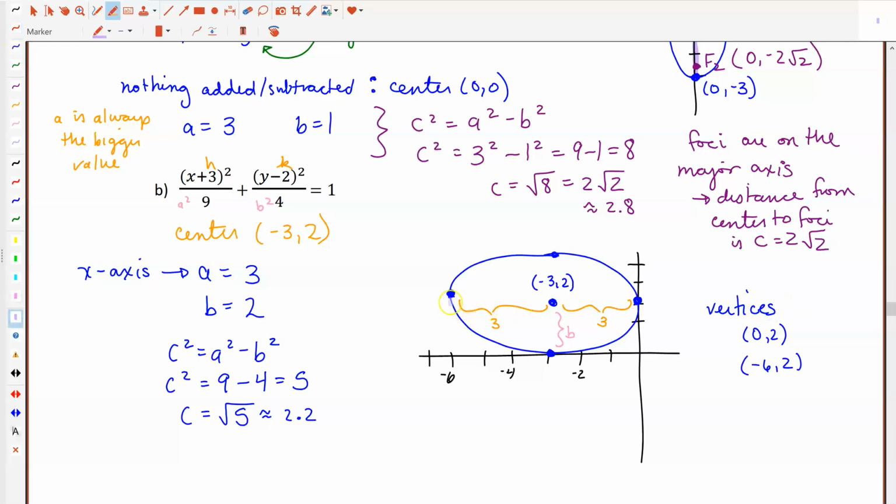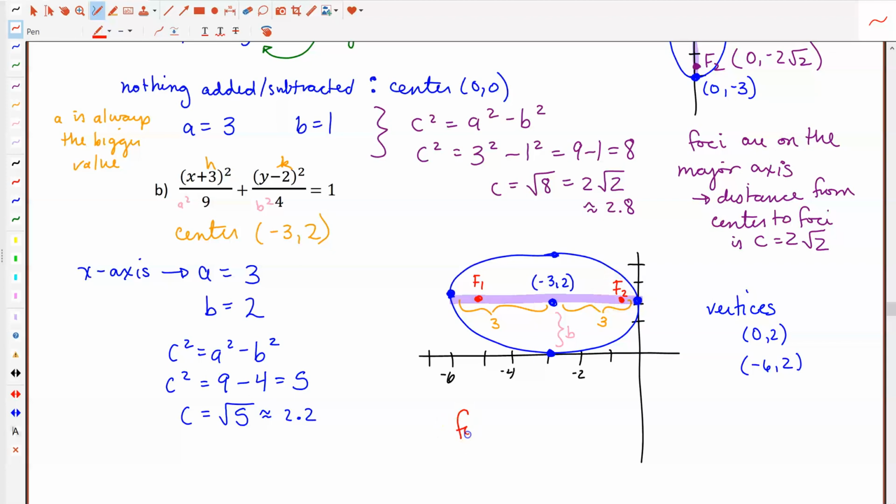So your major axis is right here, and c is the distance from the center to the foci. So from this center at negative 3, 2, I'm going to go 2, 1, 2, and a little bit more to the left. That gets me a focus, and then 1, 2, and a little bit more gets me my other focus.